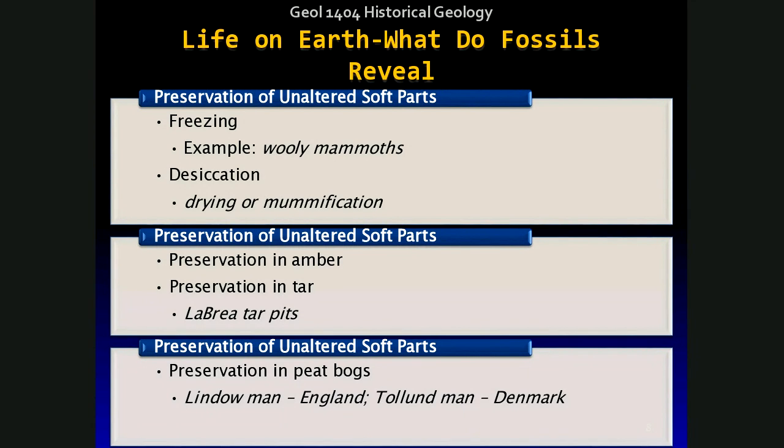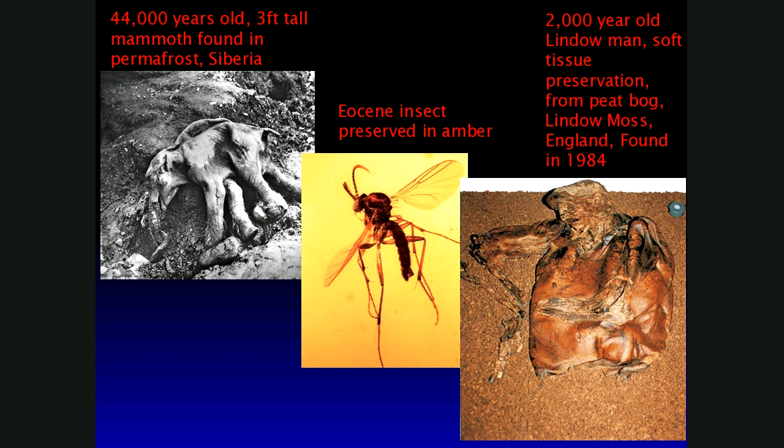So any natural process or setting that prevents decomposition of tissues may lead to the formation of a fossil composed of unaltered parts, right? So we see some examples for those conditions listed on this slide. You can see some examples for unaltered parts.